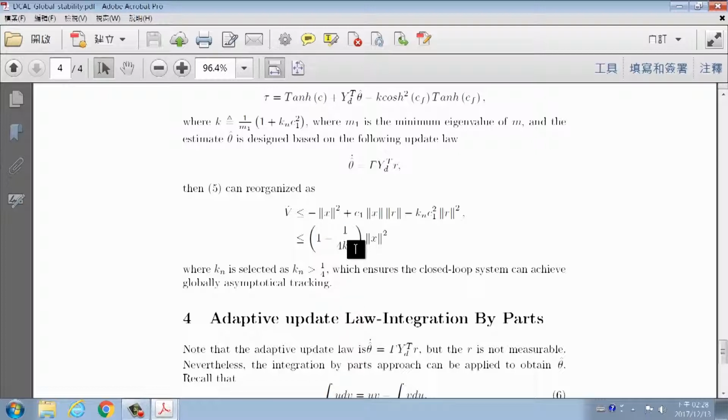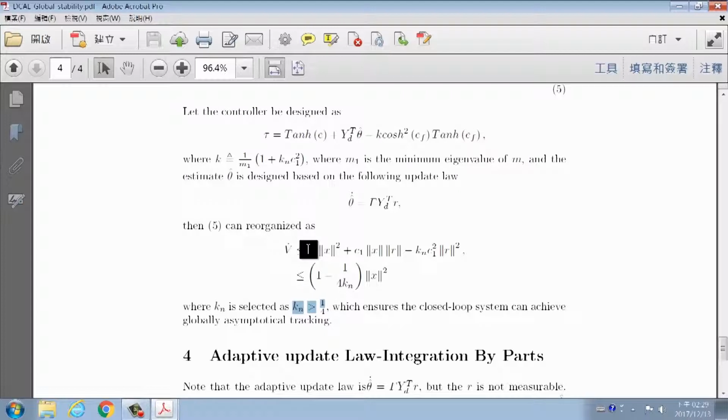Here it just says that you need to select your Kn greater than 1/4, then it's fine. Okay, and then the V dot will be negative semi-definite. Okay, so they can achieve global asymptotic tracking.